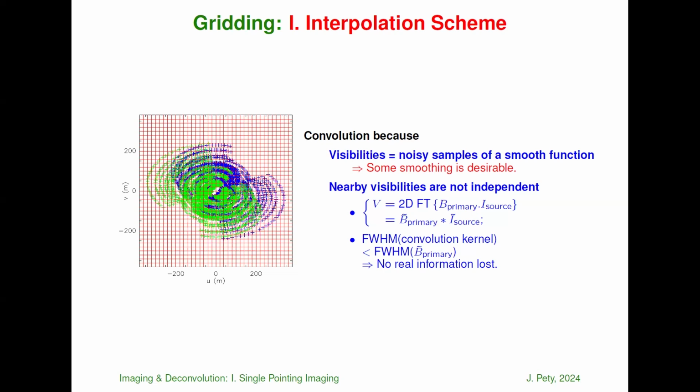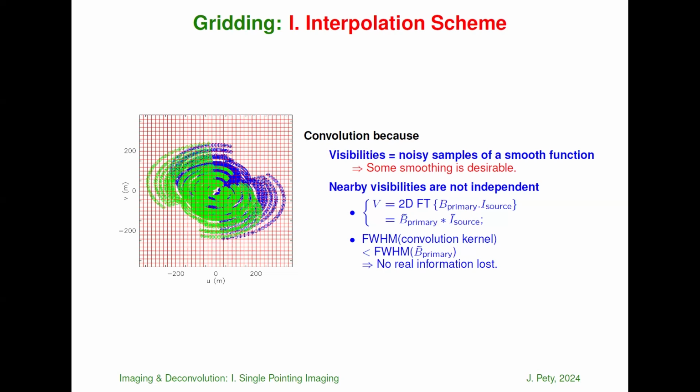So instead of having, at each point, the Fourier transform of your source, at each point you have some information. The size of the primary beam's Fourier transform is the circle you see here. So at each point you have a convolution, so some information about the Fourier transform of your source inside the support given by each circle.